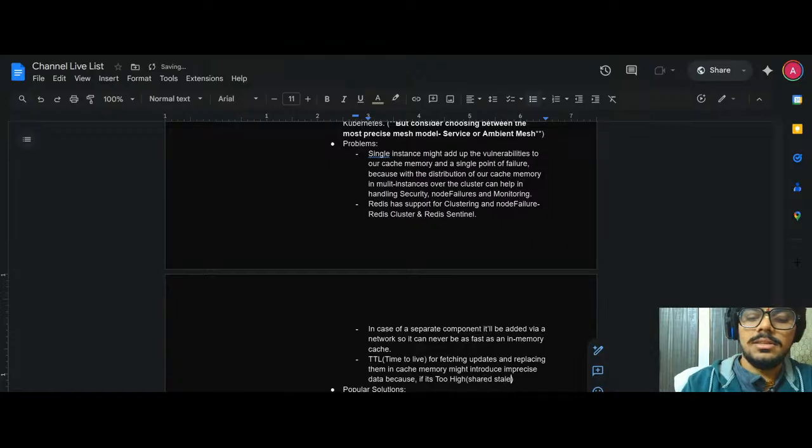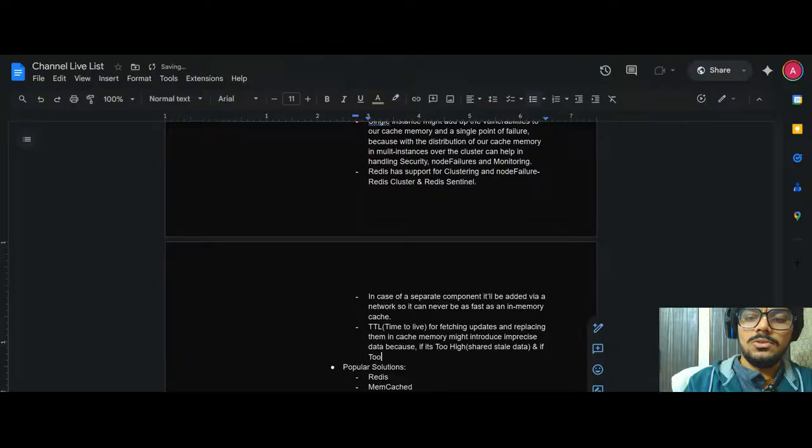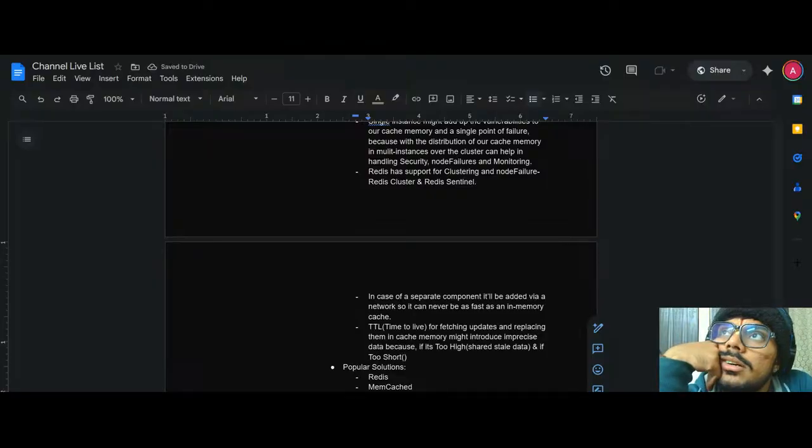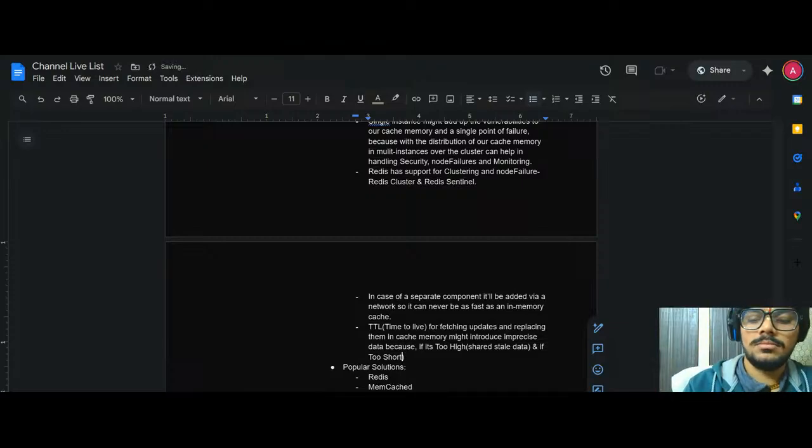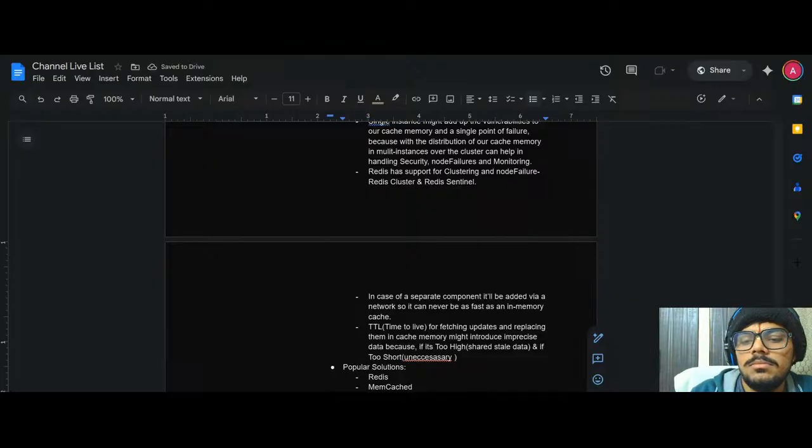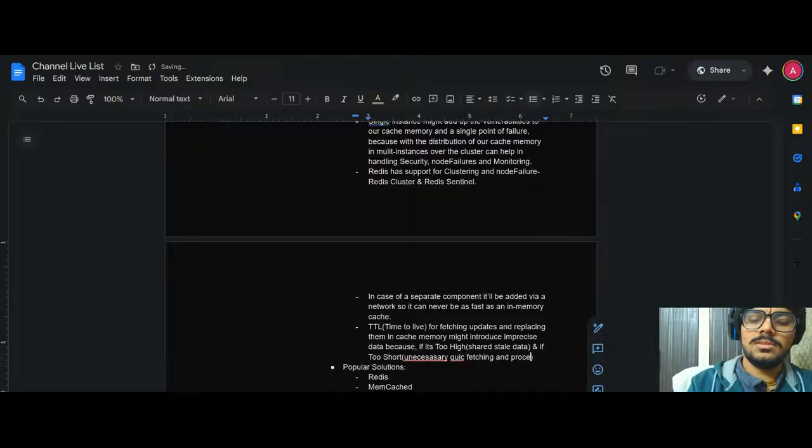If it's too short, then there is unnecessary quick fetching and processing of data.